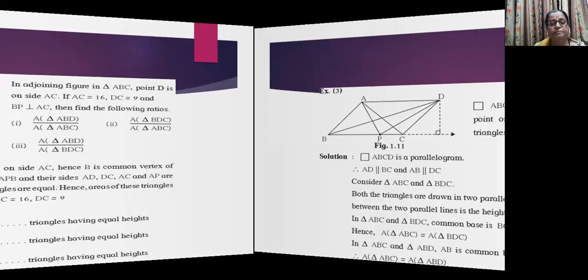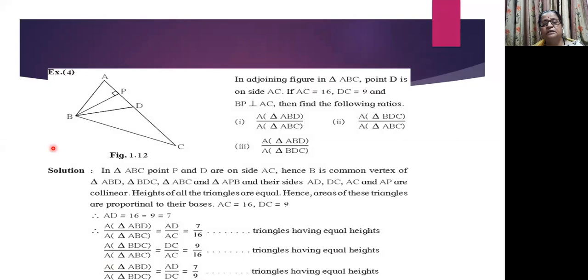In the next example, in a figure, triangle ABC, point D is on the side AC. If AC is equal to 16, DC is equal to 9, and BP is perpendicular to AC, then find the following ratios. First example, area of triangle ABD divided by area of triangle ABC.